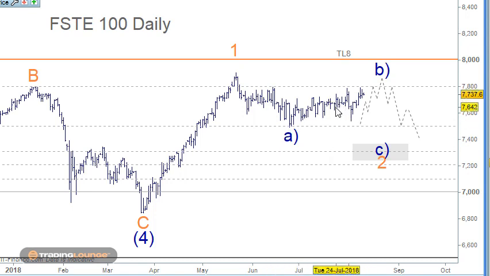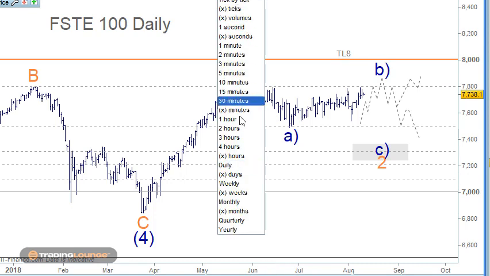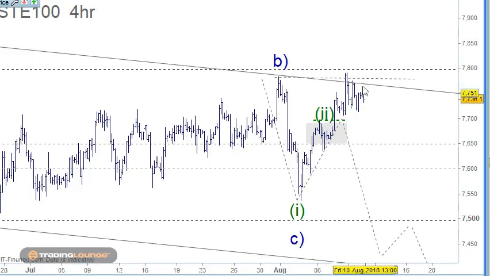So I'm just going to keep calling it corrective. Once these 5 waves here play out, and let's just say after these 5 waves we have an A and a B and a C back here, and then we move up from this point and find support here, well then I'll turn bullish at that point. If we're on 7,800, we'll go bullish from that point, but otherwise we need to consider what's going on here.